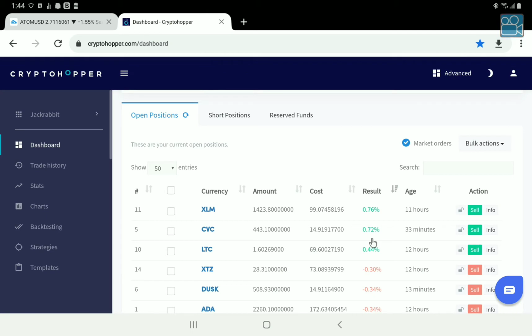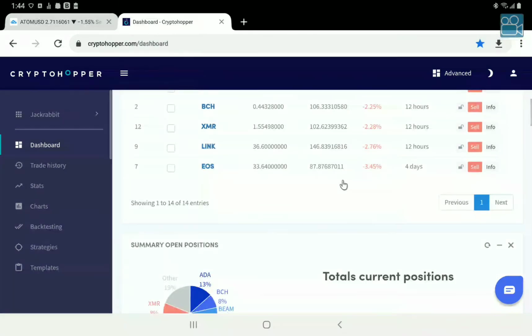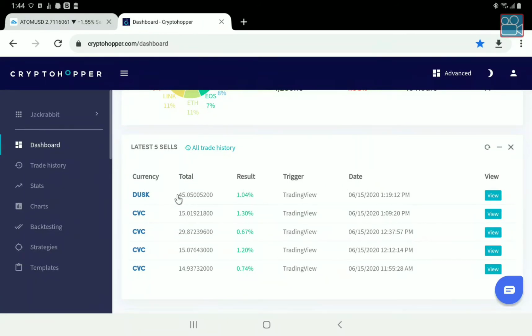Higher risk, but definitely a real performer. The other two performers have been Beam and Dusk. But Dusk is a funny coin because it actually spent 12 hours offline Friday night. But still, take a look at these profits. Definitely something not to sneeze at.